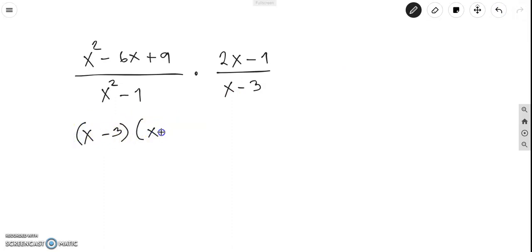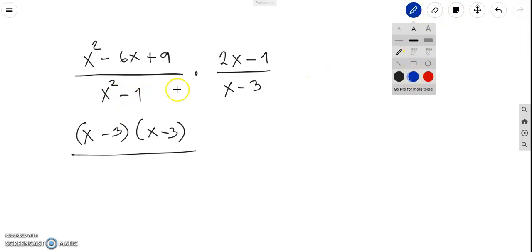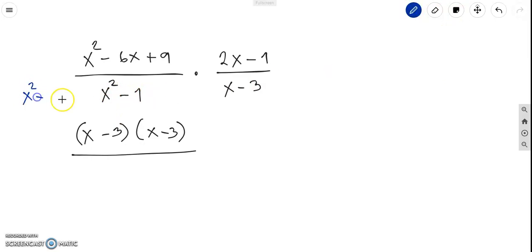times x minus 3 over x squared minus 1. The denominator is also a difference of squares, which follows a squared minus b squared equals a minus b times a plus b.